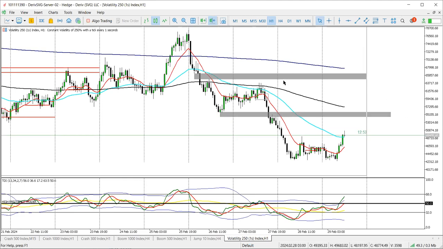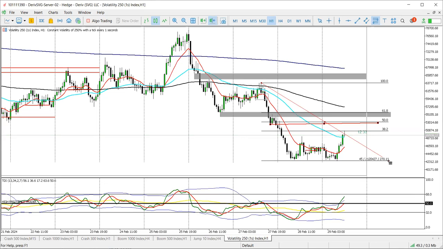Yes, they might potentially retrace to this H1 supply also. And if we run a fib, so if we are selling, we want to run the fib to the downside. So you will see that our point of interest for sells would be around this area.